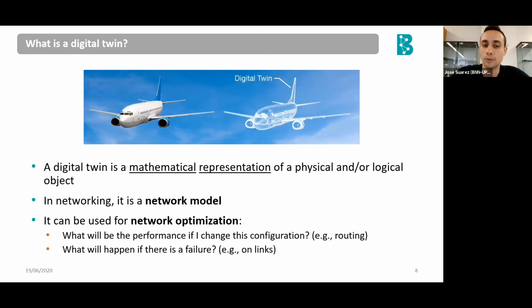And it can be used for a plethora of network optimization problems. Some examples would be to answer questions like, what will be the performance if I change the routing configuration or other configuration in my network? Or what can happen if there is a failure in a particular point of the network, for example, on some links?